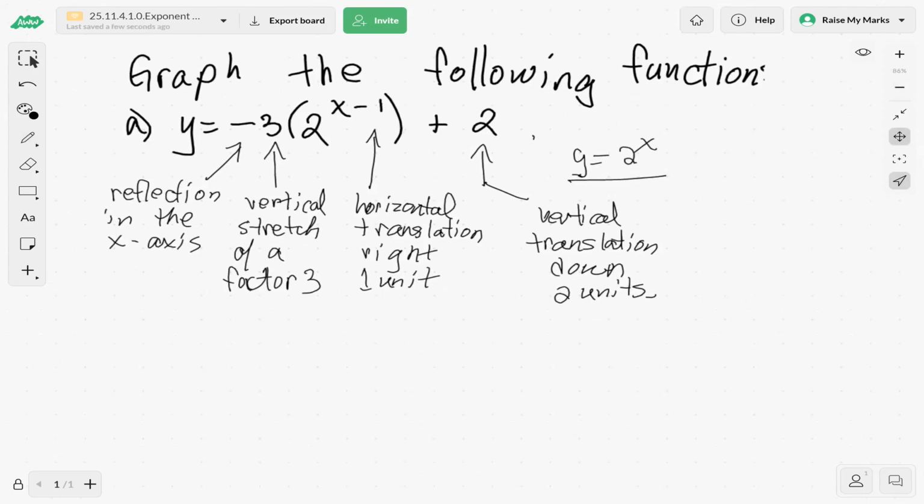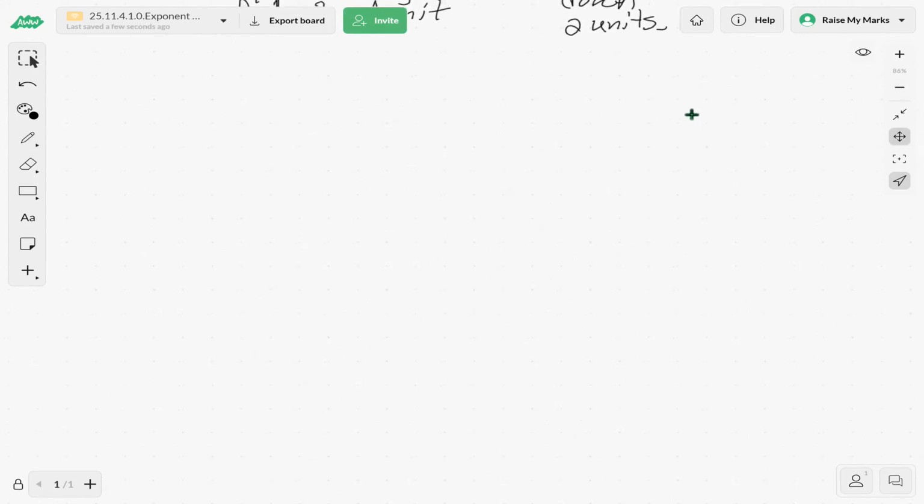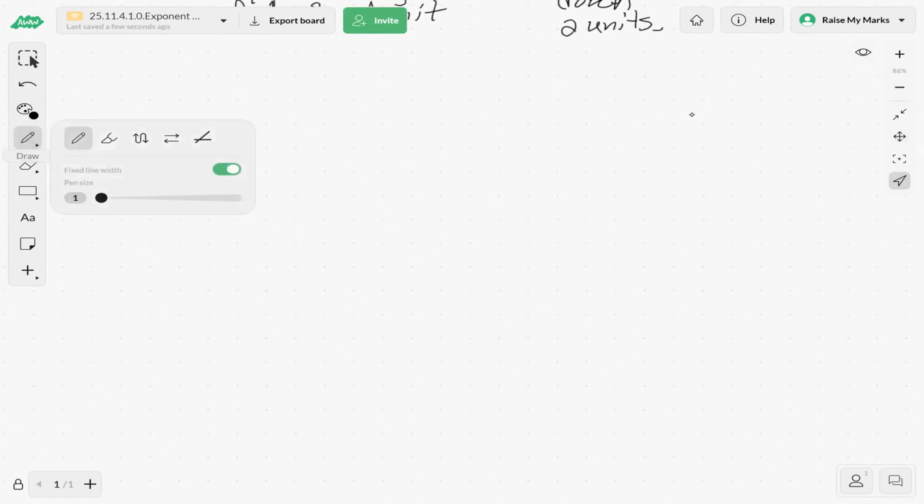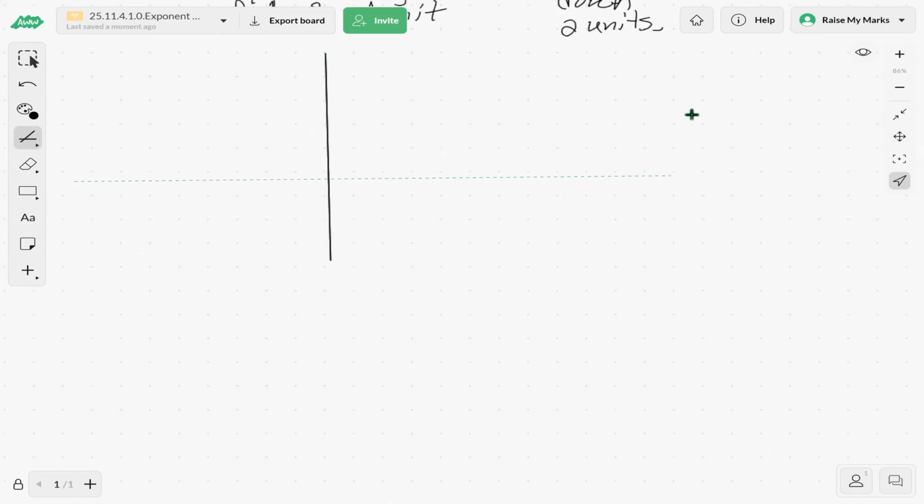Okay, so let's go down here and let's draw a little graph. And y equals 2 to the power x. So where is the y-intercept?